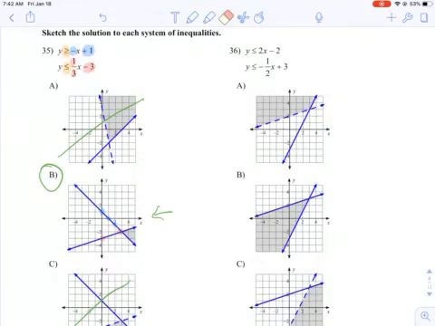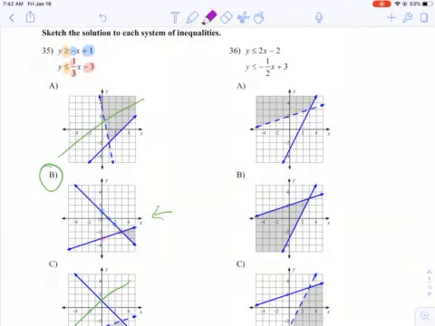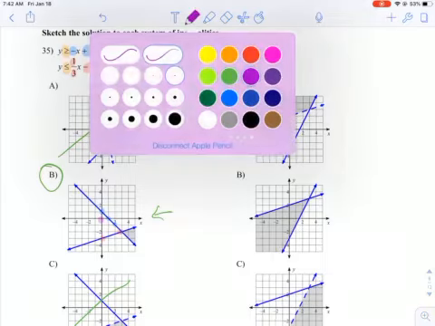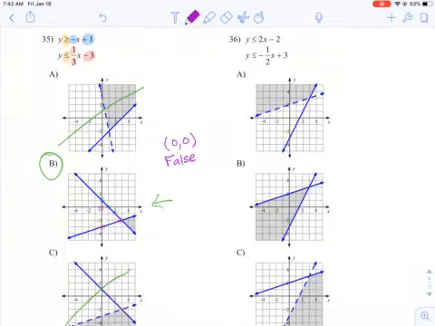And then the shading would be that neither one of them shade at 0, 0. So a point that neither one of them shade at is this point right here, 0, 0. So they would both be false at 0, 0. If you put 0, 0, it should be false.